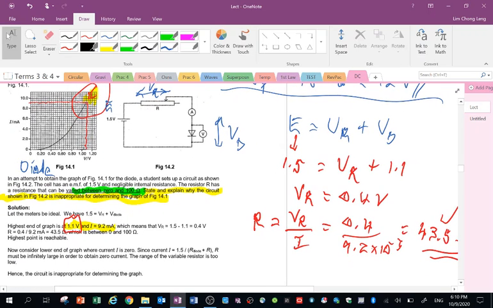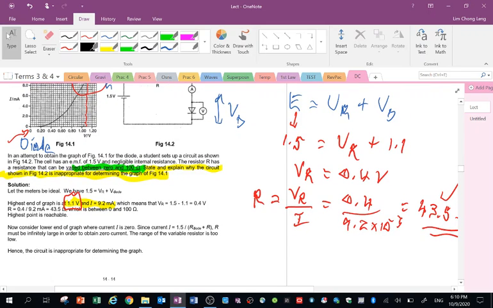Now, what about the lower end here? This is the lower end where current is 0. Now, this is where the trouble is because the current in the circuit is the EMF 1.5 divided by the total resistance, R plus R of diode.